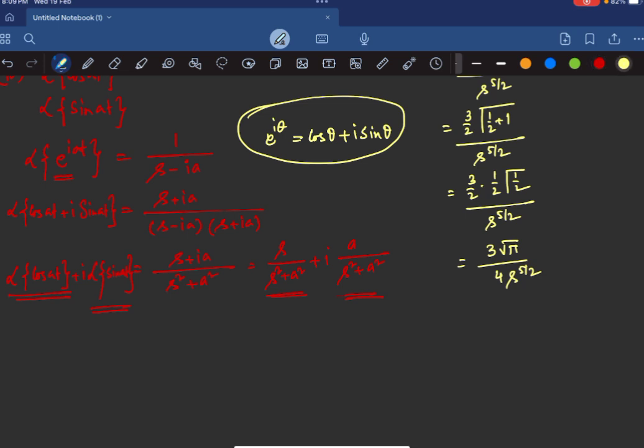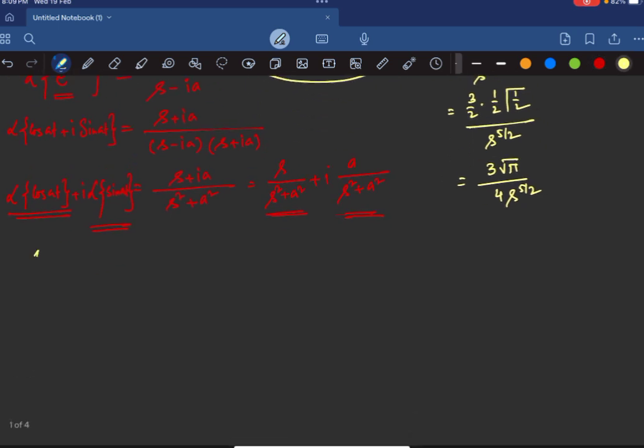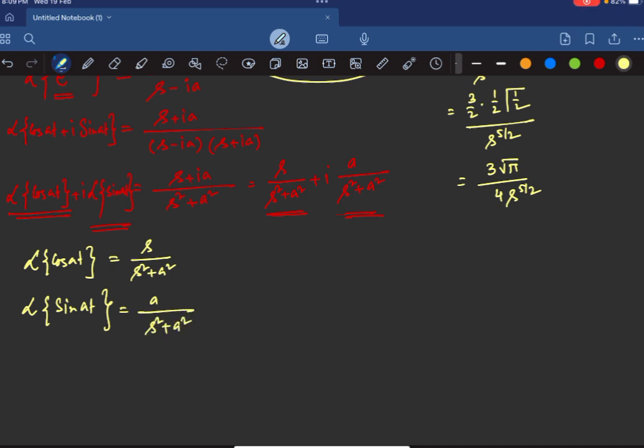So immediately you get these formulas: the Laplace transform of cos at is s over s squared plus a squared, and the Laplace transform of sin at is a over s squared plus a squared. These are classical formulas of the Laplace transformation.